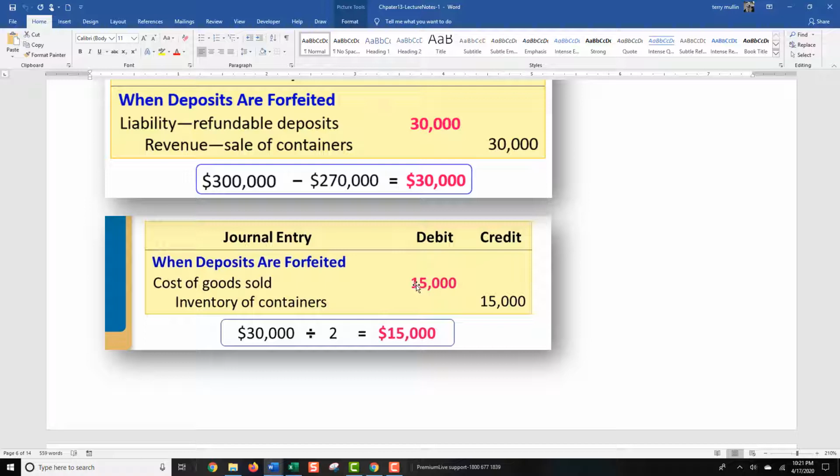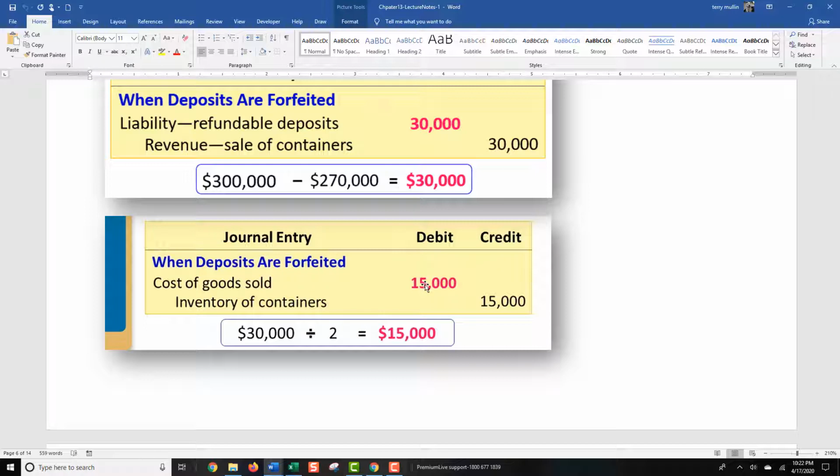Just walk through it again and give it a chance to sink in that those containers that were forfeited, they make a revenue out of it, right? So they take the liability off the books, but at the same point in time that they record the revenue, they record the expense, because now they're saying that they're gone forever, so we're no longer going to carry them in our inventory.